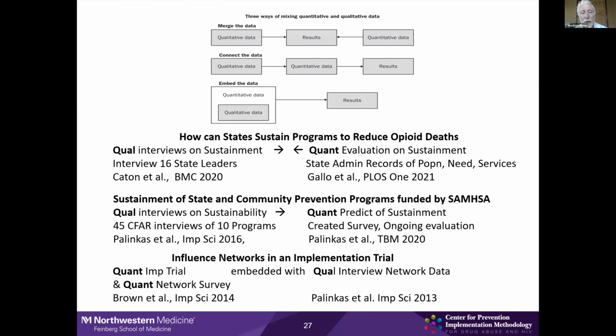The second example in here is to connect the data. You can talk about sustainment of state and community prevention programs funded by SAMHSA. Larry Palenkas first did qualitative interviews of sustainability, and then followed that up with a survey that was created to predict sustainment.